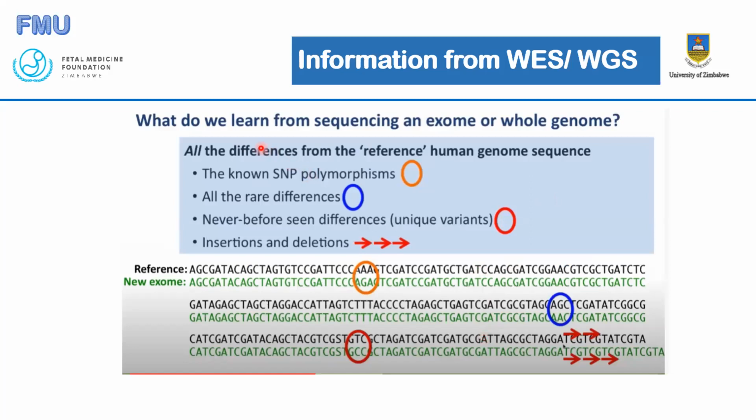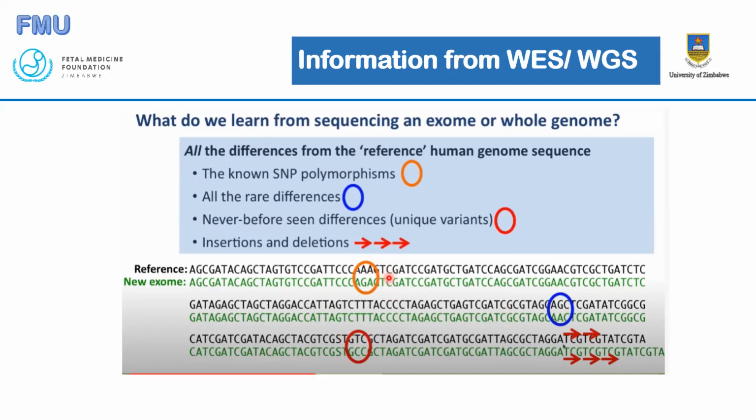So when we get the result, what information can we get from all this which I've described here? We can identify single nucleotide polymorphisms. Each individual may vary in how these sequences are arranged, but in what you call a normal variation, whereby instead of you having a GTC there, it can be normal that you may have a slightly different sequence from another person, not in a pathological way.